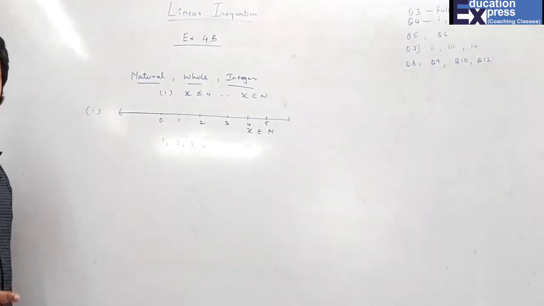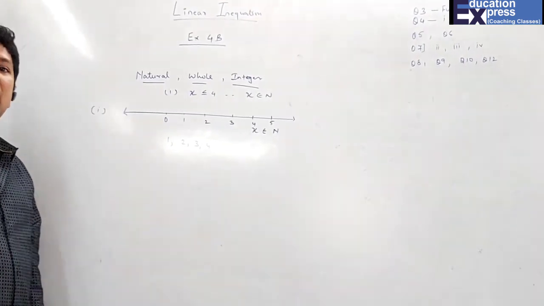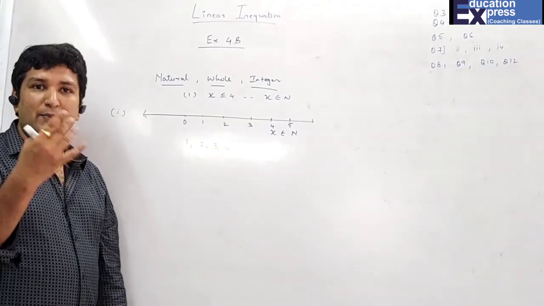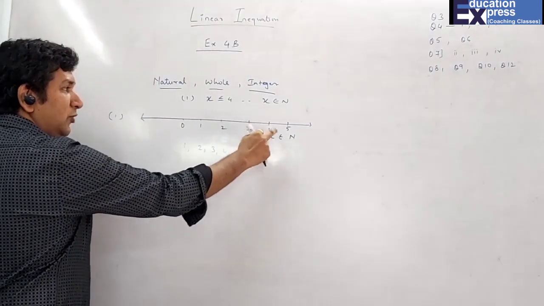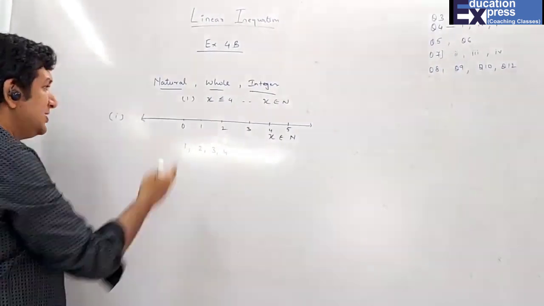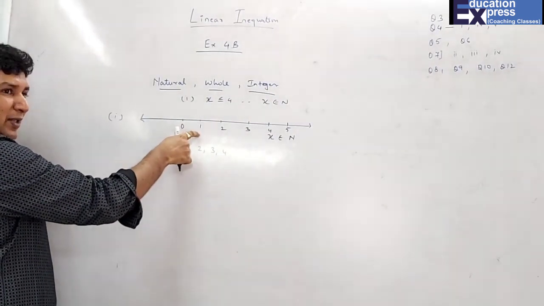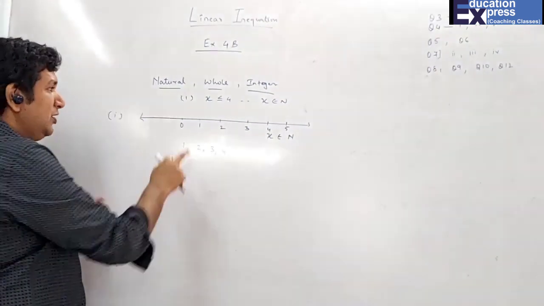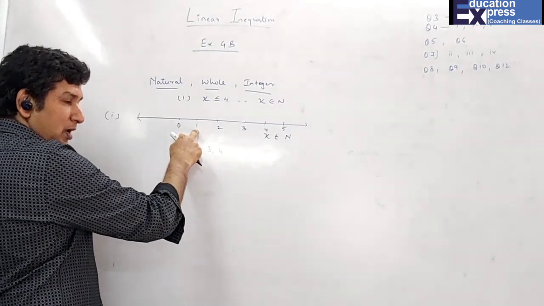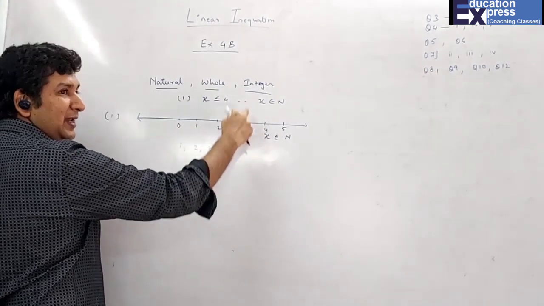Whenever you are representing anything on a number line, always take one number which is ahead of it. That means you will not stop at 4, you will take one more extra number, that is 5. The same on this side: you will not start with 1, you will take one more number before that. Whenever you are starting, you take one number before and one number after.